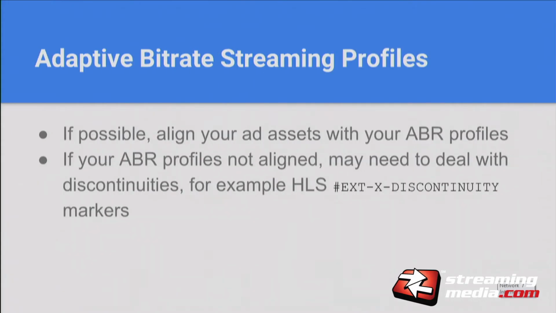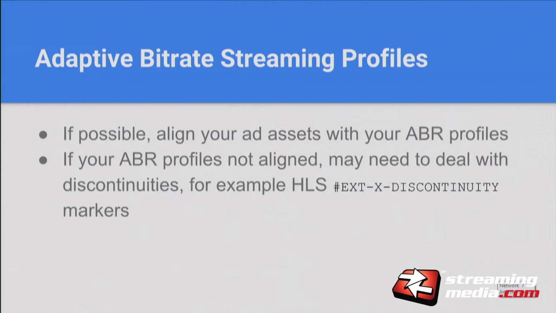So adaptive bitrate streaming profiles. If possible, align your ABR profiles. If they're not aligned, you may need to deal with discontinuities. What that means is that typically your ABR profiles from your content, like at Viacom, we have about 7 different renditions that we typically use.